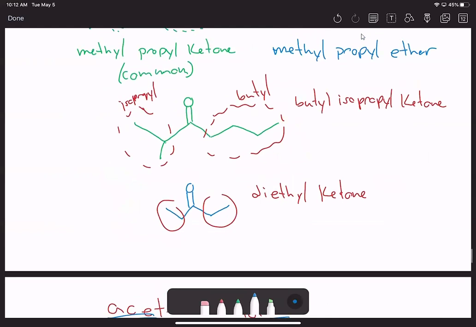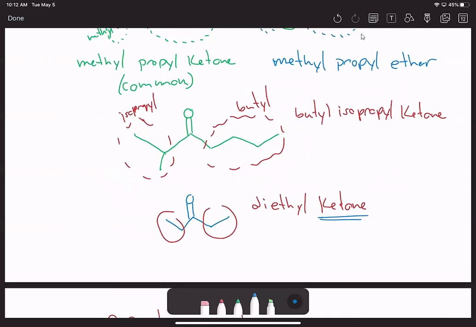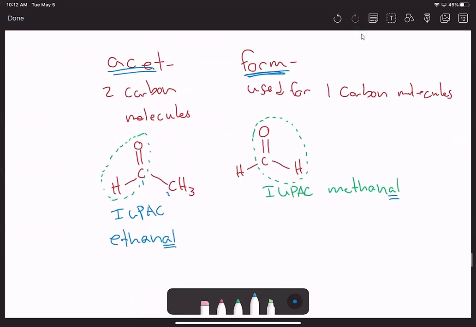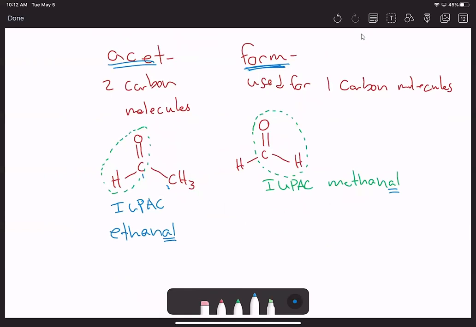When we use these common structures, how did we name this? We named it diethyl ketone, butyl isopropyl ketone. When we're using this common prefix, well, we're going to use aldehyde for the ending. So if this prefix form is used for one carbon molecules, then this is formaldehyde.